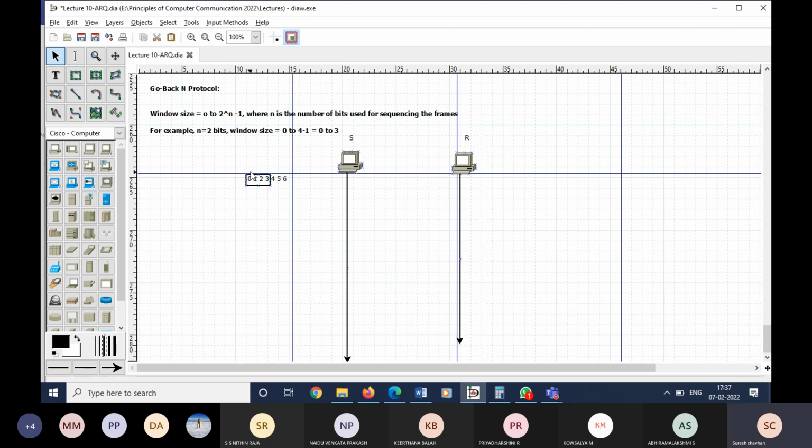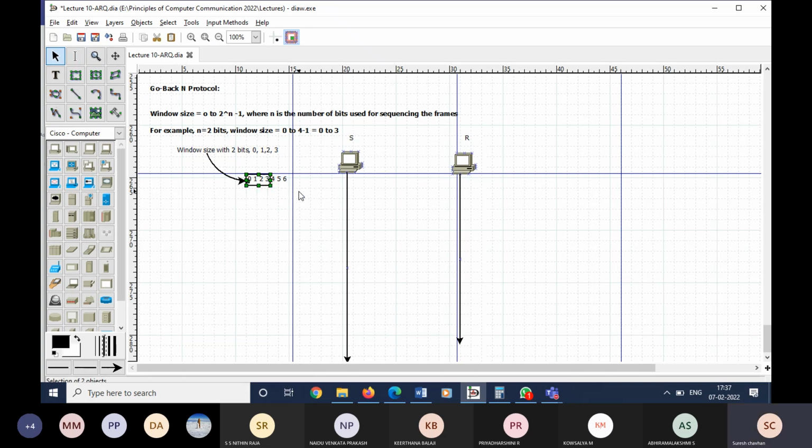So this is the window size equal to 4, or you can say window size of 2 bits: 0, 1, 2, and 3.